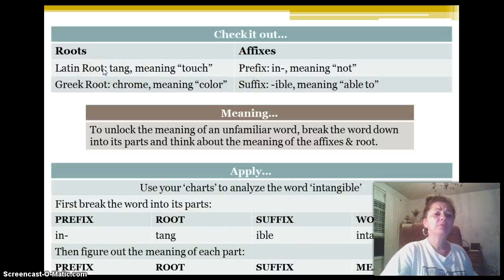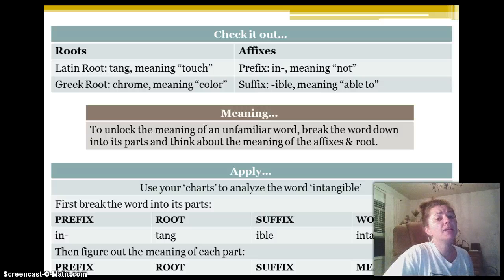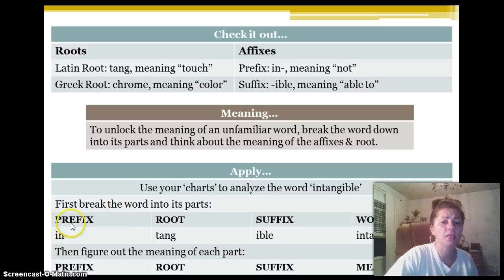If we look at a Latin root word, tang, T-A-N-G, it's an actual root word. Now we attach things to it. Tang means touch. And now let's take a look at the prefix in, which means not. And I'm going to jump you down here to where it says prefix, root, suffix, and word. And right here underneath you see that we put in, which is the prefix we had up top here. So in, tang.